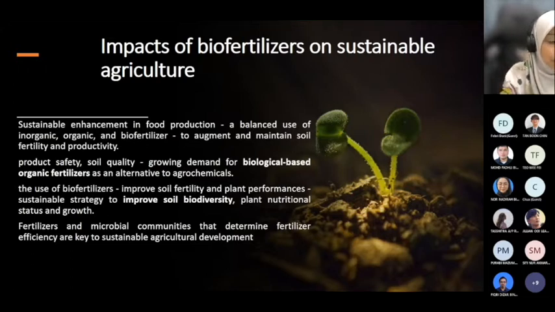Okay. So the use of biofertilizers, of course, improves soil fertility and plant performance, a sustainable strategy to improve soil biodiversity, plant nutritional status and growth. So these are the things that are being understood, right? And fertilizers and microbial communities that determine fertilizer efficiency are key to sustainable agriculture development. So by applying fertilizers, we also affect the microbial communities and vice versa.